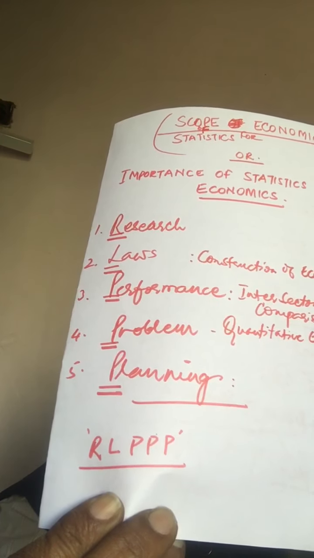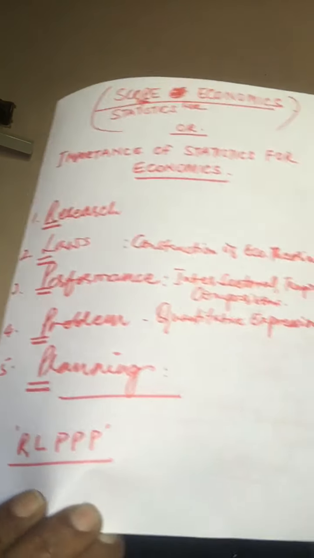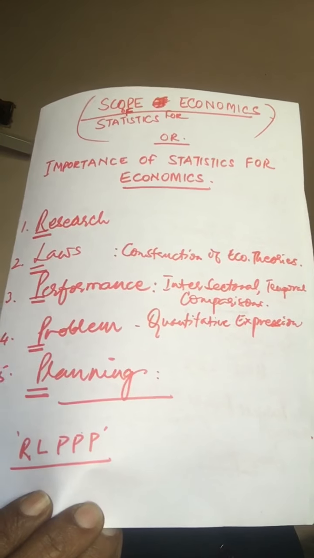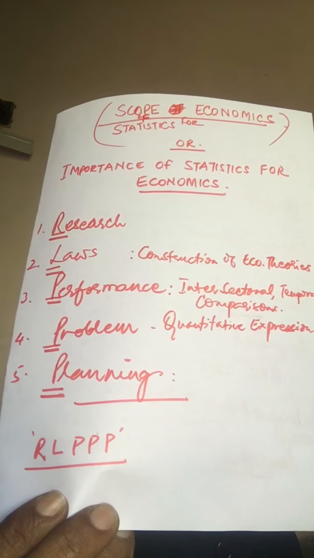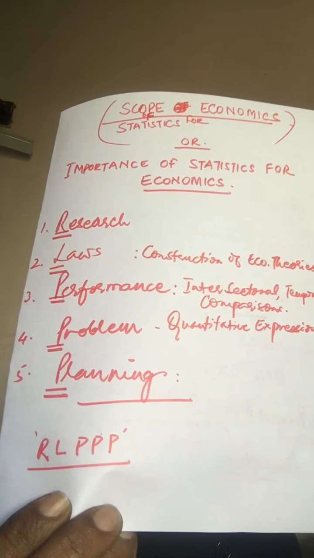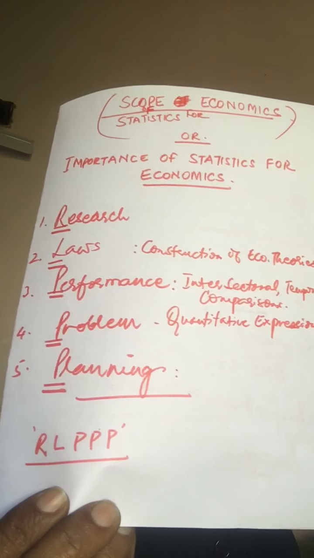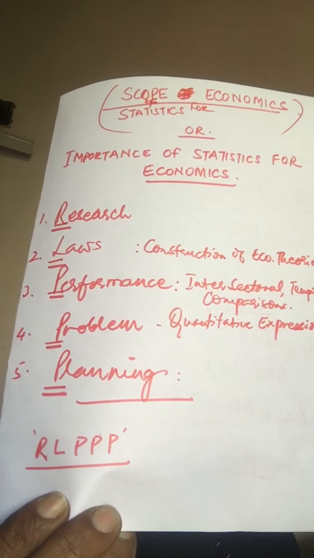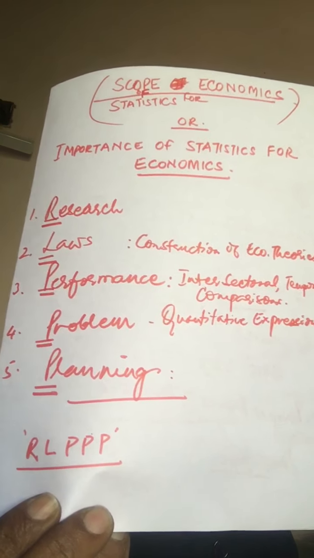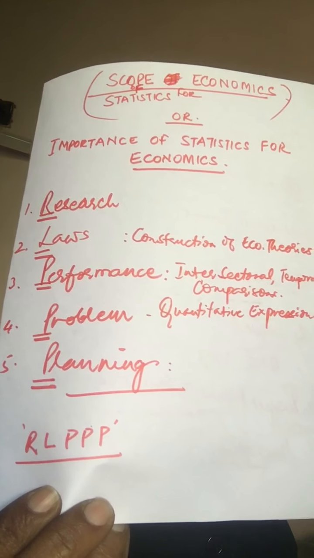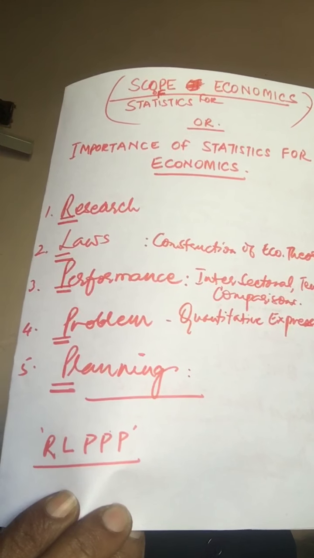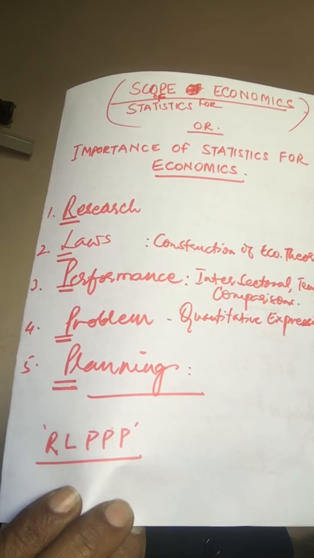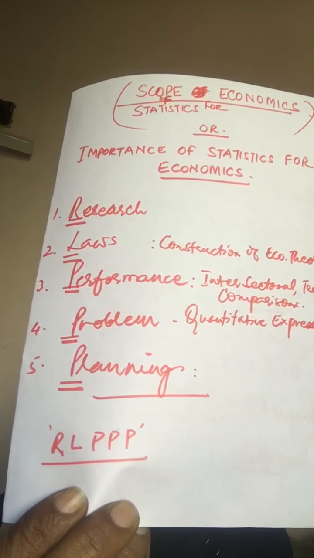An intersectoral comparison can also be made about unemployment in different towns of the country, or metropolitans, or what percentage of the rural population is unemployed compared to the urban population.